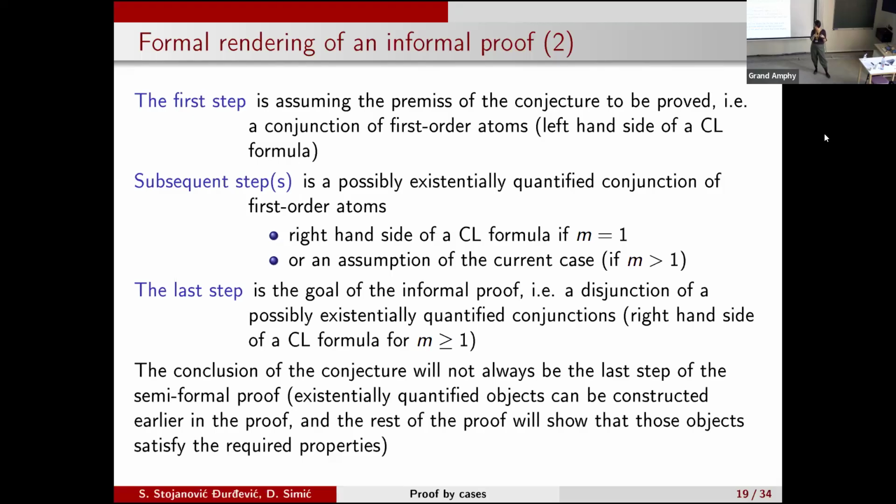After you introduce it, you need to prove that it really satisfies the desired conclusion. So the existential quantifier will not be at the end. It will be somewhere, let's say, in the beginning. But the last step will be some part of, again, the right-hand side of the logic formula, because you need to gather all the relevant information that enables you to close the proof.